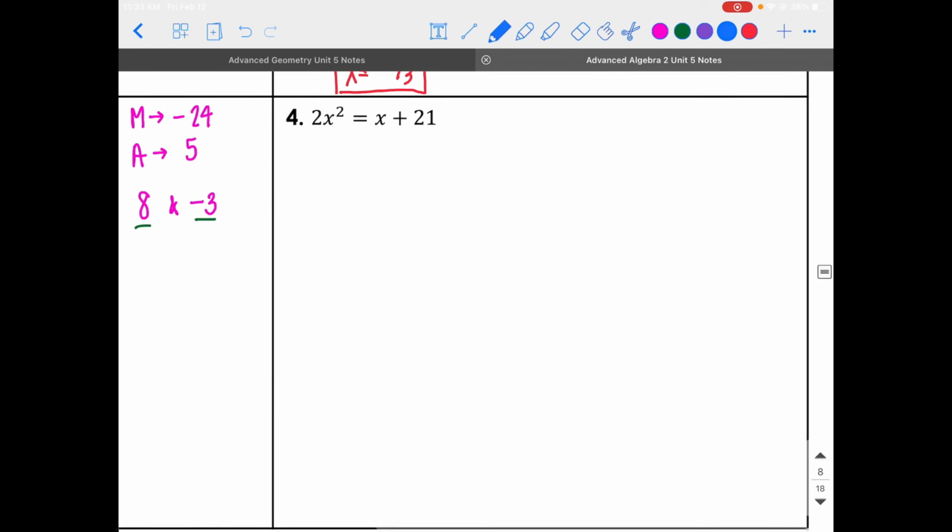All right, number 4, very last one. We need to get everything on the same side. So I need to subtract x and subtract 21 from both sides to get 2x squared minus 1x minus 21 equals 0.